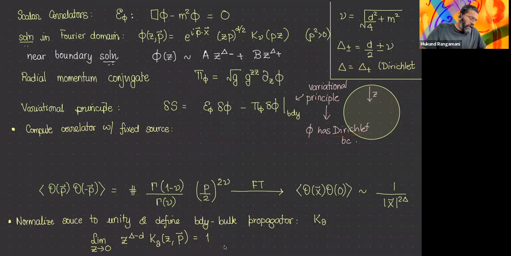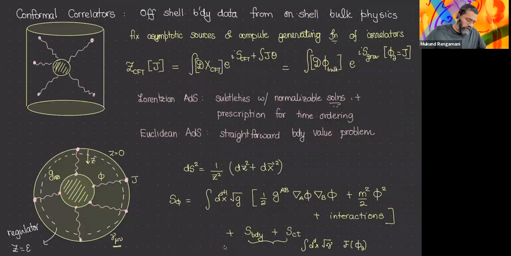But if we go back to our metric, you see that this metric enjoys scale invariance under z to lambda z and x to lambda x. But the scaling is really dilatation from the point of view of the boundary, because it's just scaling up the boundary coordinates.